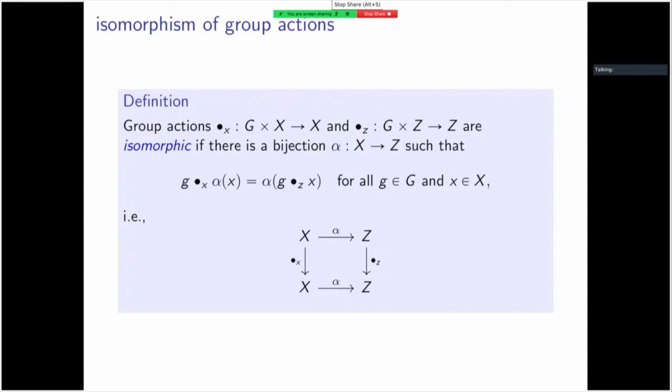So two group actions are isomorphic if there is a bijection alpha which commutes with the group action. That's what this is saying. Other questions so far? No.